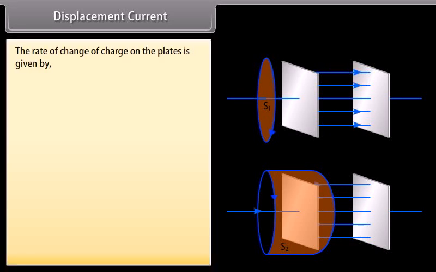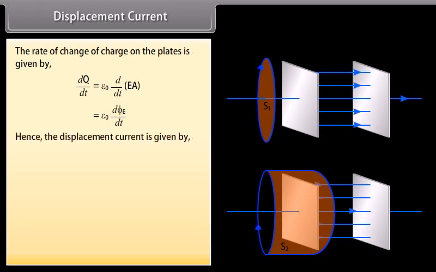The rate of change of charge on the plates is given by epsilon naught d/dt of EA, which is equal to epsilon naught d phi E by dt. Hence, the displacement current is given by I_D equal to epsilon naught d phi E by dt.